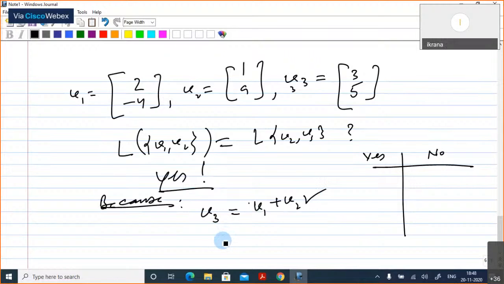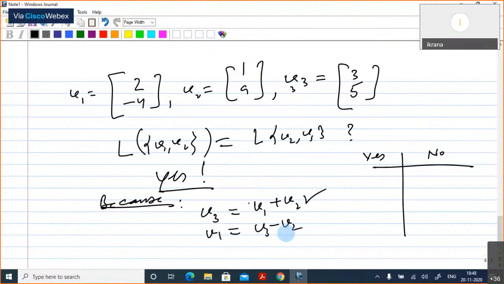And V1 can be written as V3 minus V2. Here also alpha 1 is 1 and alpha 2 is minus 1. Okay, good. Thank you, it's a good enough explanation.